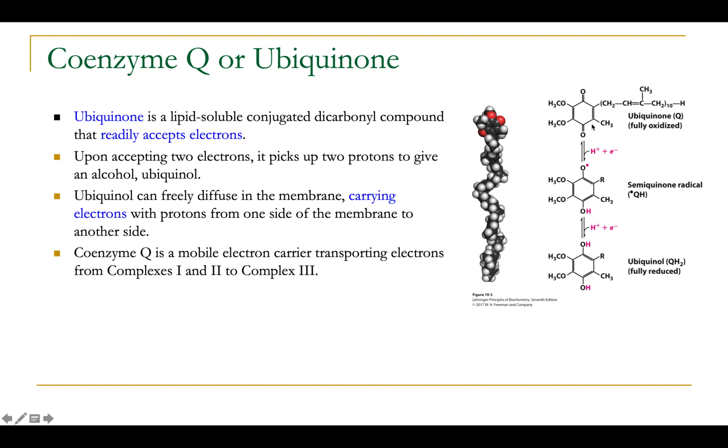In the fully oxidized quinone state, the electrons within the benzoquinone head are least delocalized, and the ubiquinone can act as a versatile electron acceptor, which could accept either one proton and one electron, converted into a semiquinone radical state, or accept two protons and two electrons, converted to the fully reduced ubiquinol state.